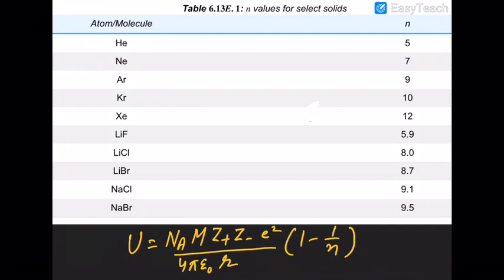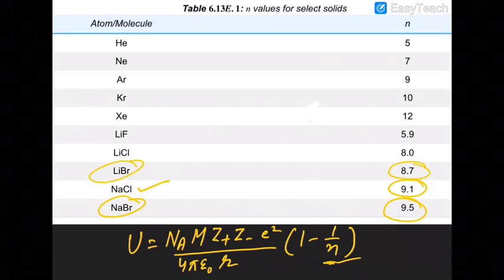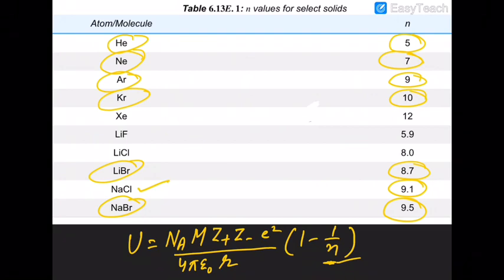Now we have already discussed that n is the value of the Born exponent. Now what is the value of the Born exponent? For NaCl the value is 9.1, for NaBr the value is 9.5, for lithium bromide the value is 8.7, for helium-type configuration the value is 5, for neon-type configuration the value is 7, for argon-type configuration the value is 9, for krypton the value is 10, for xenon the value is 12, and for lithium fluoride the value is 5.9.